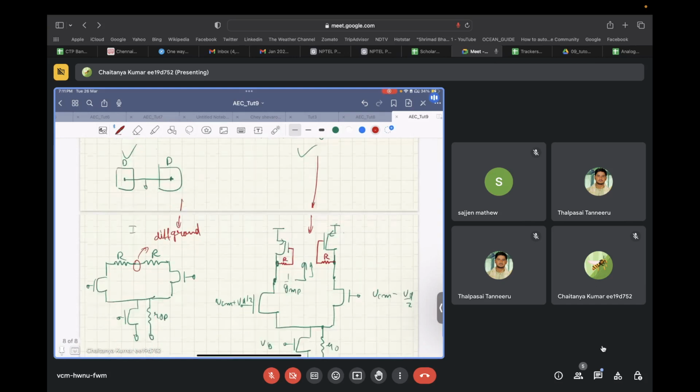If these two resistances R are added, will anything change for this particular circuit?